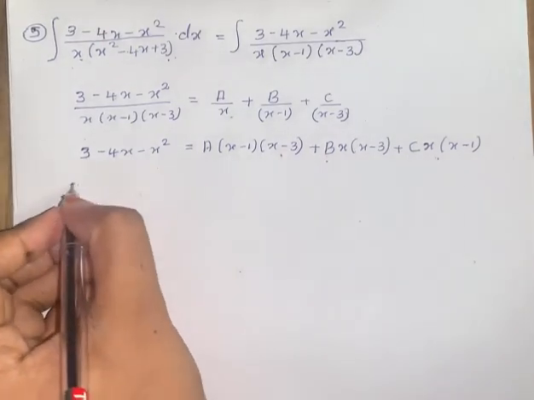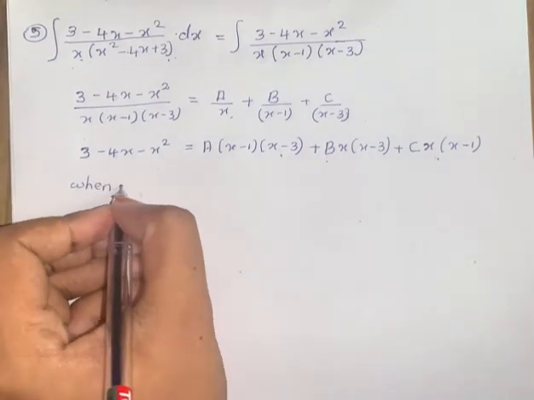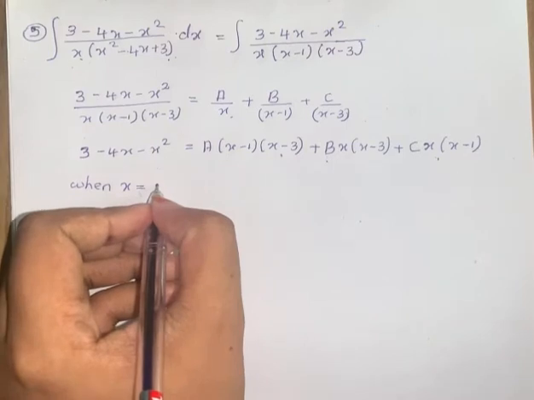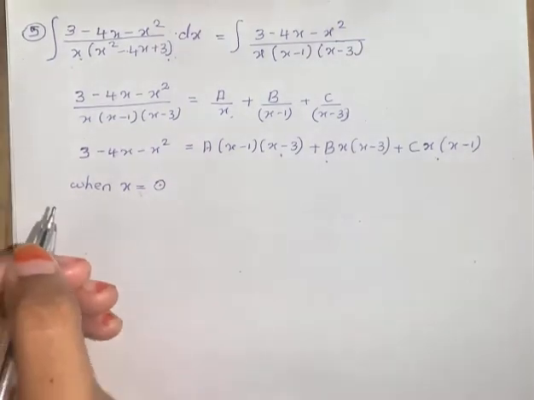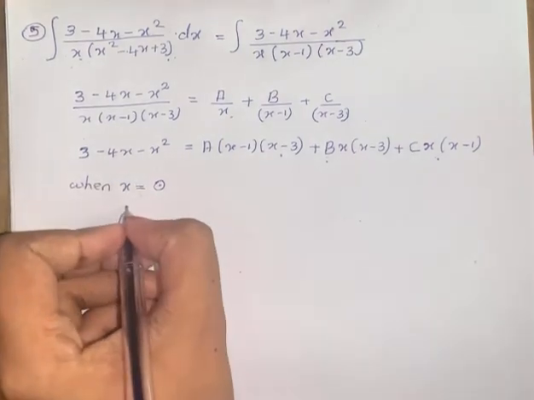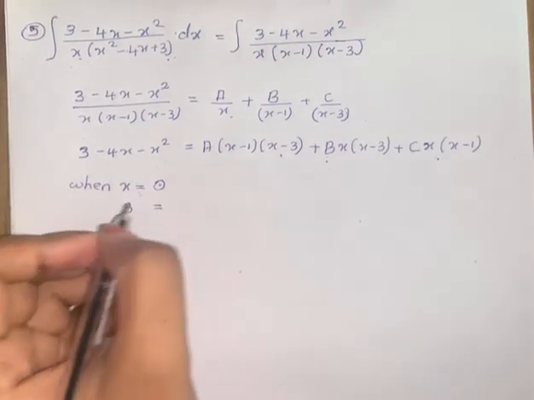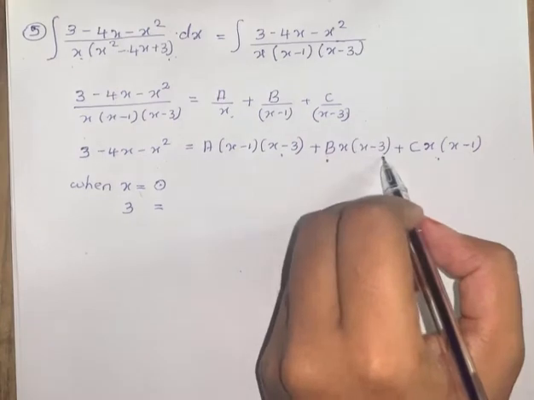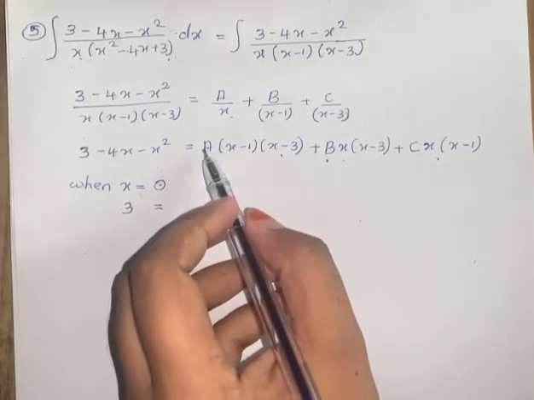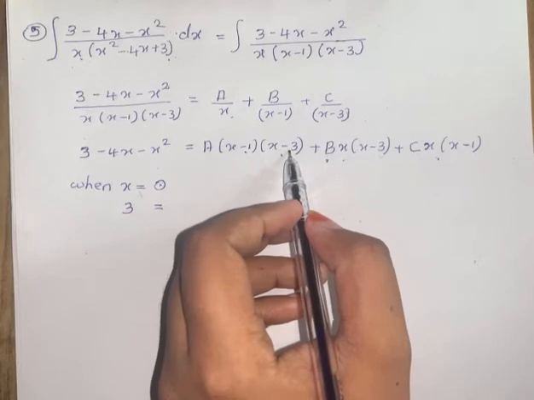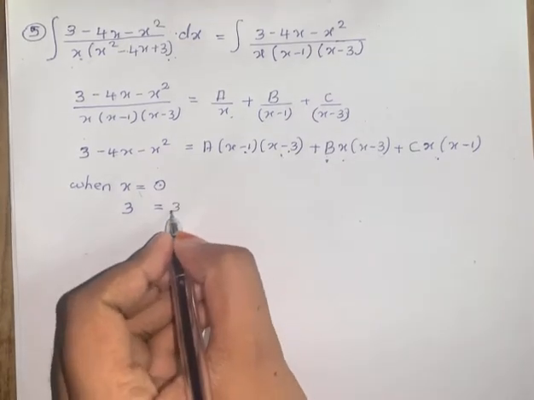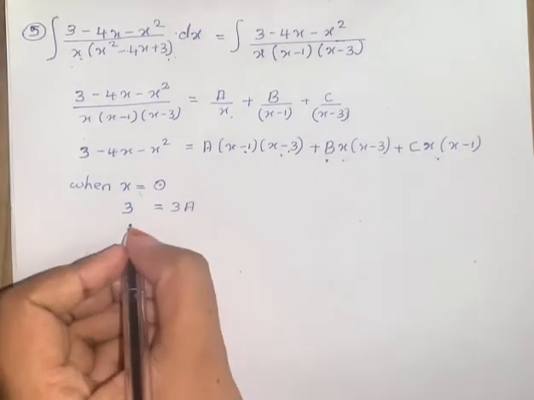When x is 0, if we substitute in the LHS, we will get 3, and on the RHS we will get 3A. So A is equal to 1.